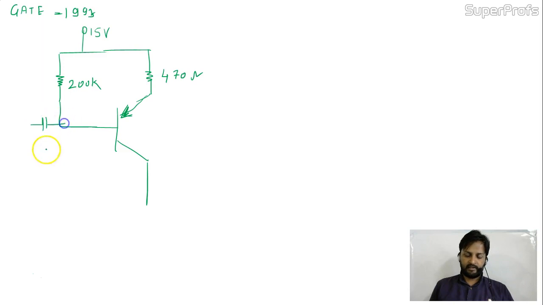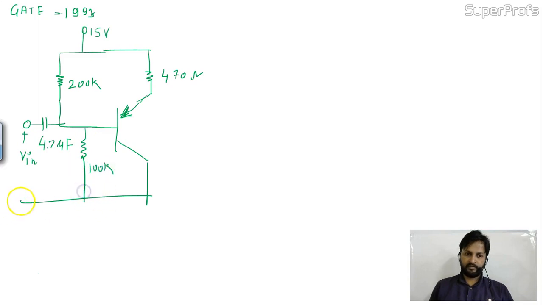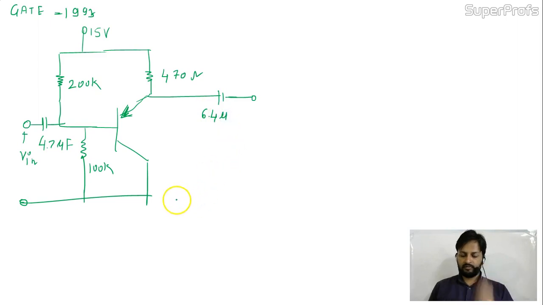Here it is connected with 4.7 microfarad. This is your input stage. You applied V in over here. And here you have 100K also. Perfectly fine. This is the output you are taking over here. This is 6.4 micro. Okay. And you are taking the output over here, V output. And this is grounded.